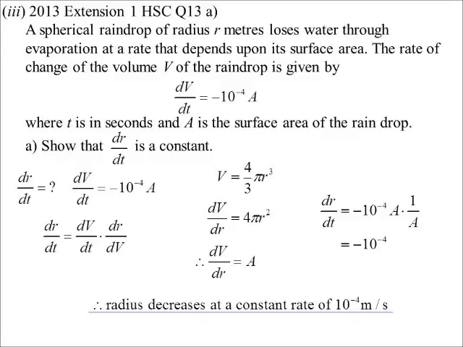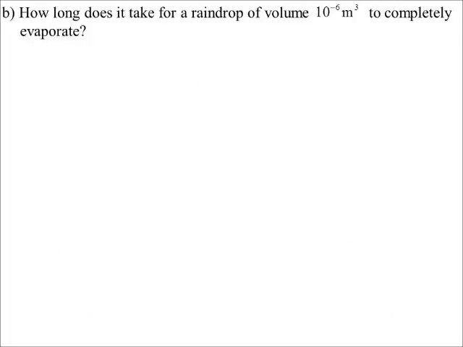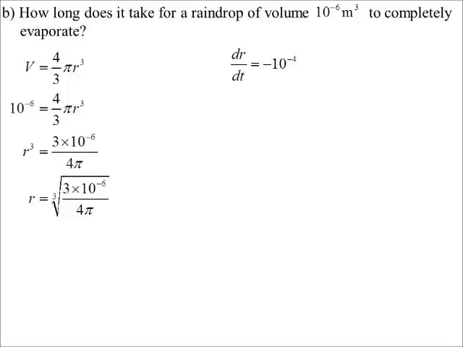Okay, we've done the first part of the question. So how long does it take for a raindrop to completely evaporate? Our raindrop has a volume of 10 to the negative 6 meters cubed. dr/dt, we know. Now, volume is 4/3 pi r cubed.